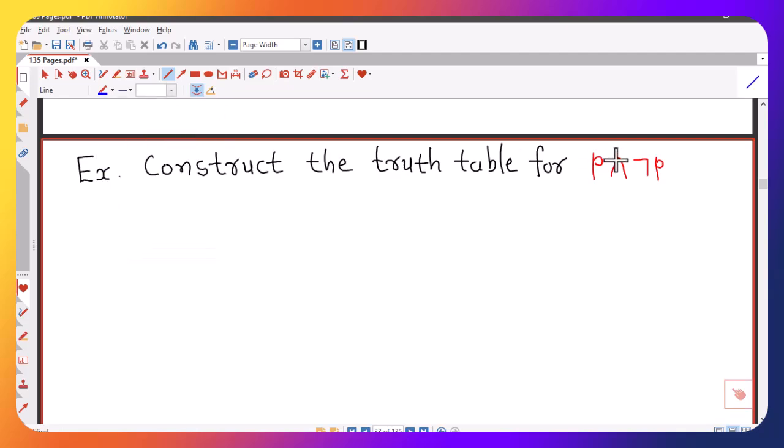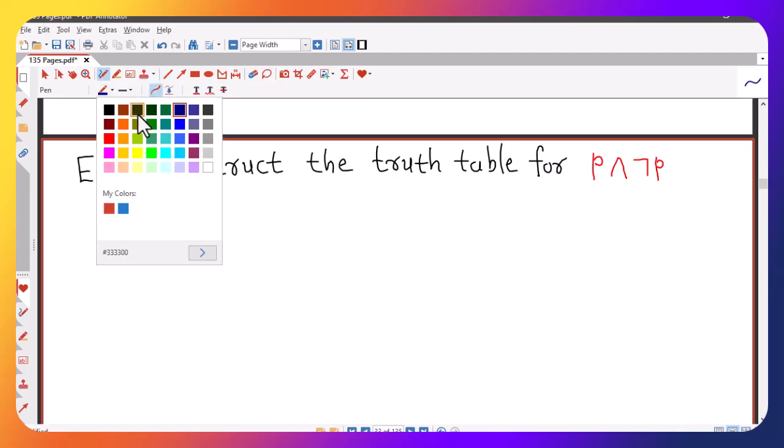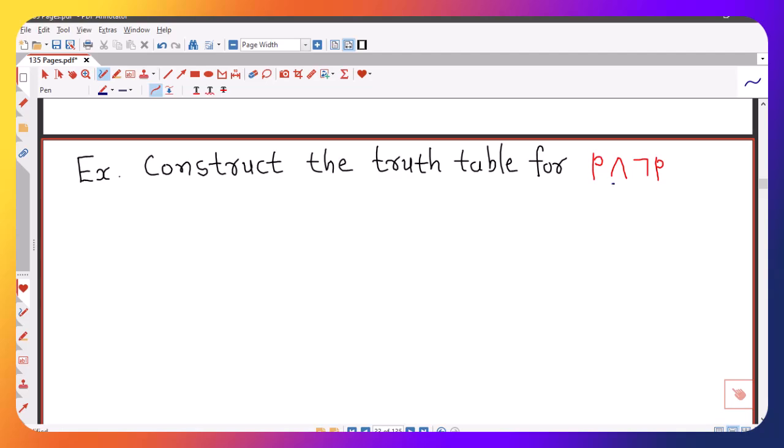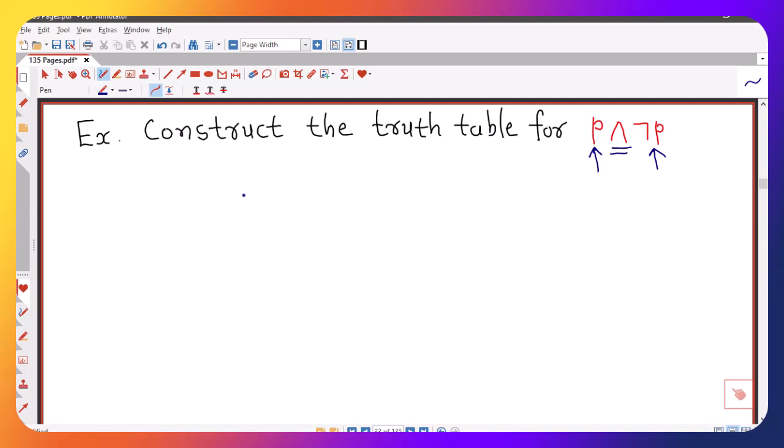Here we can see we have the truth table for the conjunction operator, and we have to take the conjunction of P and negation of P. So for that first I am writing proposition P, then I will require negation of P, and after that I will combine these two by using this conjunction logical operator, or AND operator.